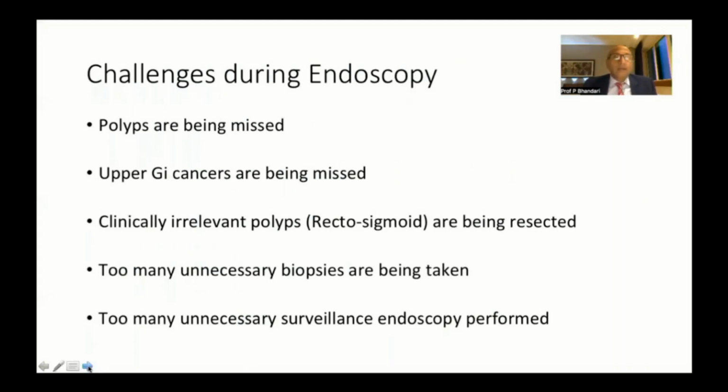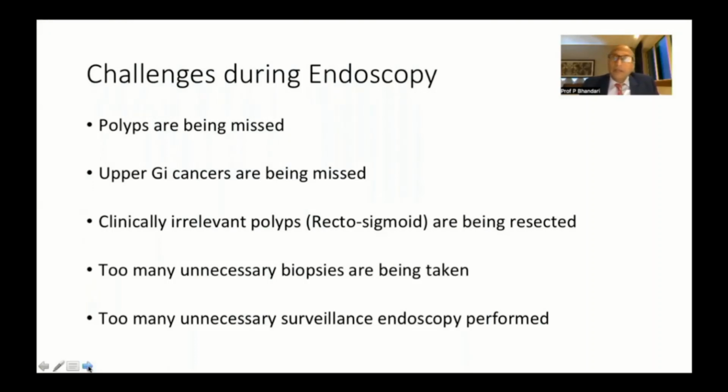So why exactly do we need it? Because there are lots of challenges during endoscopy. All endoscopists miss polyps, some miss more than others. We do miss upper GI cancers. And we do remove a lot of polyps which are irrelevant and have no clinical consequences.